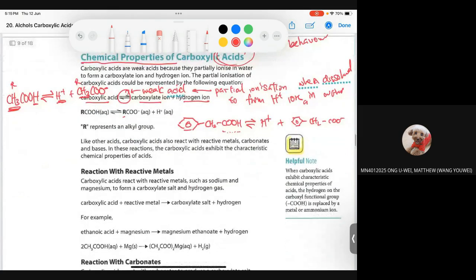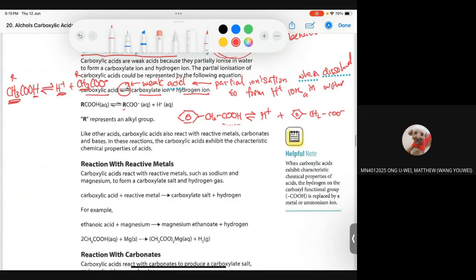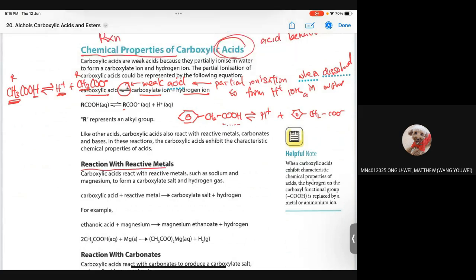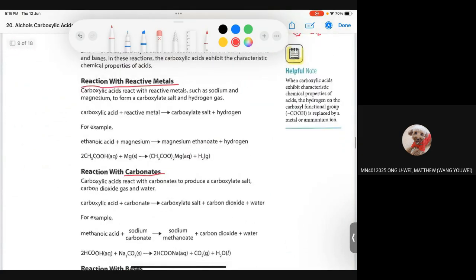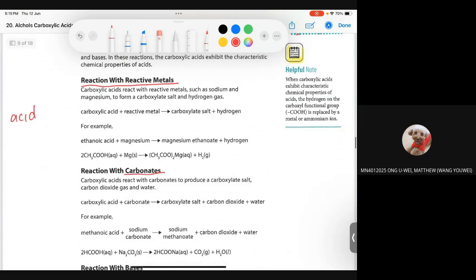Now, for the rest of this, you realize that they say reaction with metals, reaction with carbonate, reaction with bases. You realize that these three are your acid reactions. So acid can react with my metal to give me salt plus hydrogen, salt plus H2. It can react with my carbonate to give me my salt plus water plus CO2.